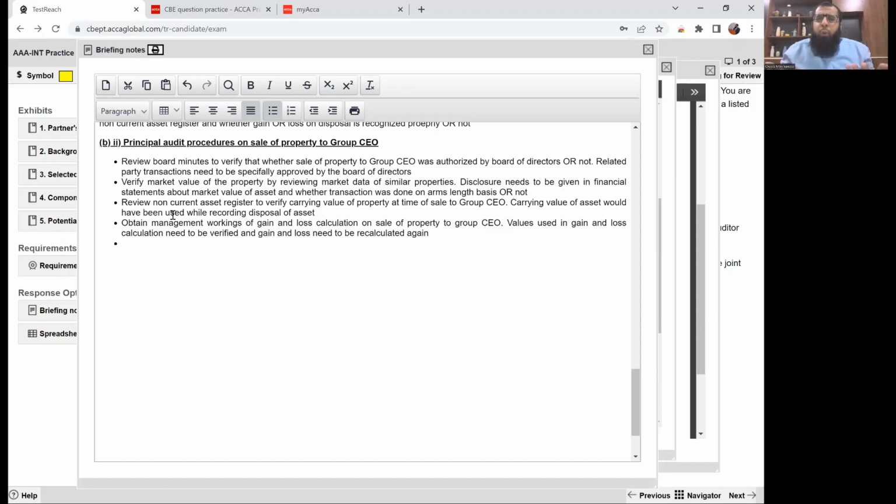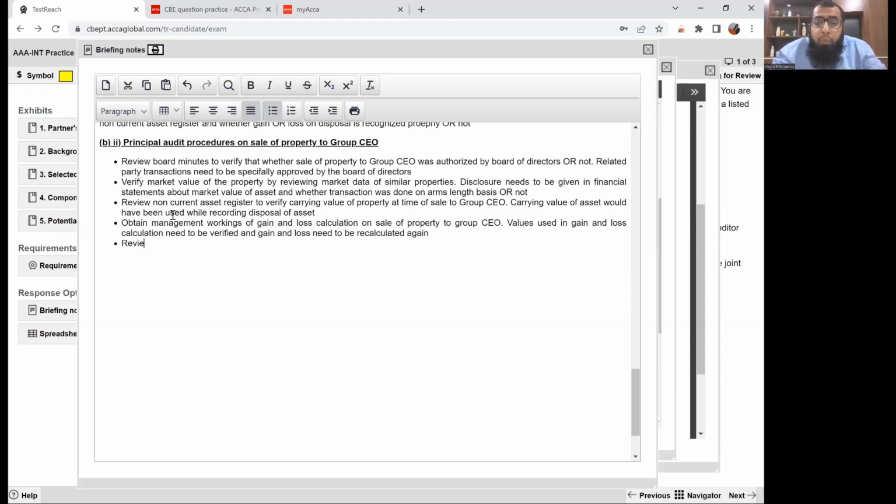Think further, think more. You need to verify that the disposal has been recorded properly. So you can review the non-current asset register to see whether the asset has now been removed from the register. Then in the disclosure, you need to give information about the due date. So you need to have a confirmation of by what date the balance will get cleared. So think about the transaction, think about the treatment, and the procedures will start coming into your mind.